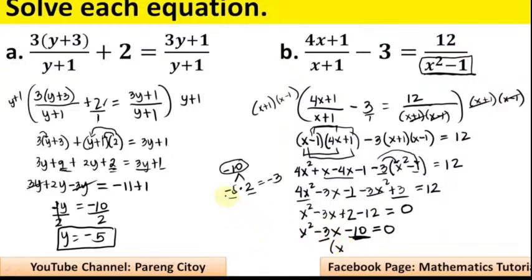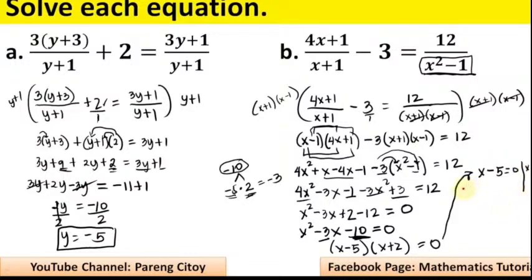x minus 5 times x plus 2. That is positive 2 equals 0. Then, we equate it to 0. So we have x minus 5 equals 0 and x plus 2 equals 0.